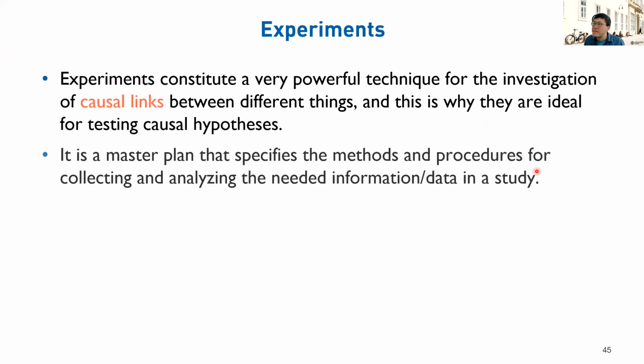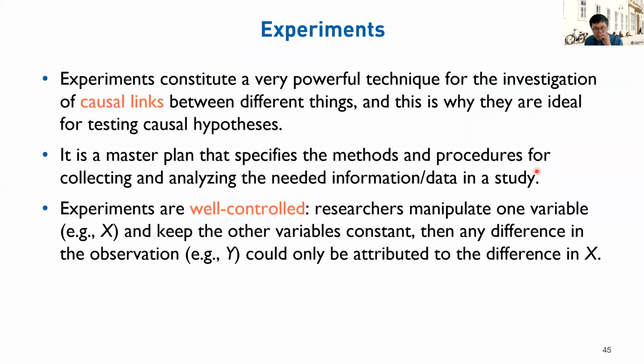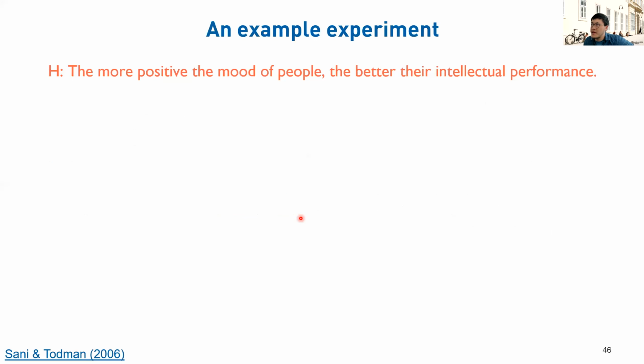Okay, so back to here. Why do we do experiments? Because we want to establish some causal link, and we also want to control many of the variables. So here I gave you the example of chocolate brownie versus smoothie, and this is another example.